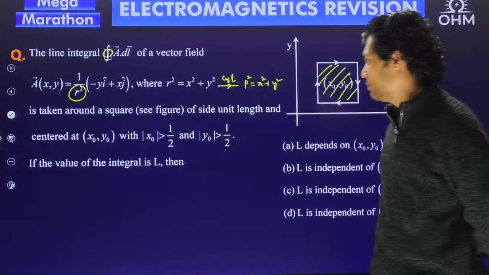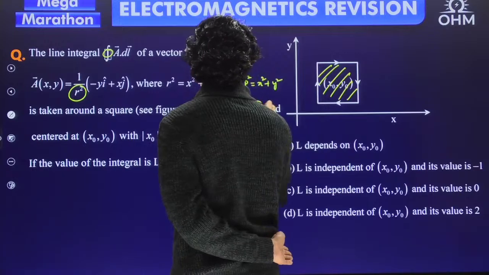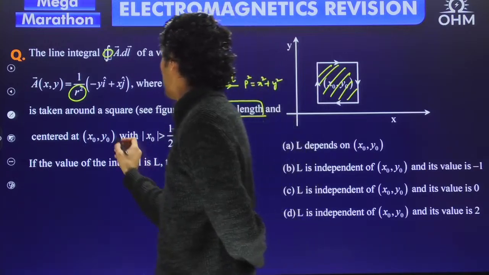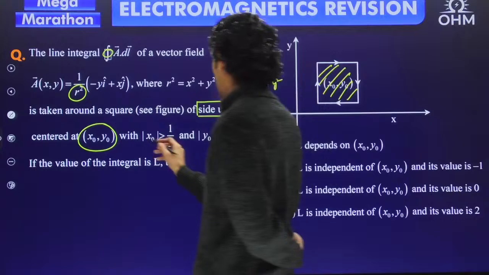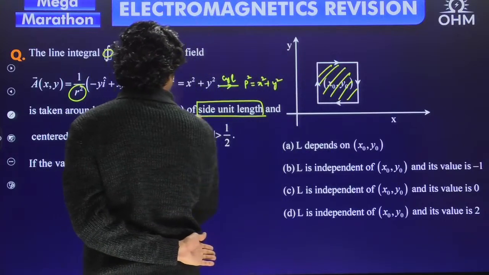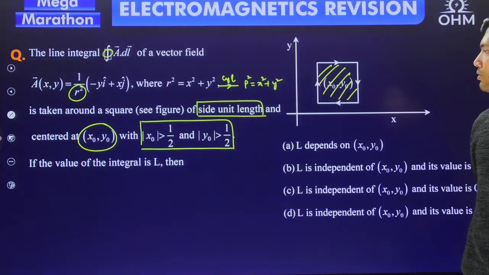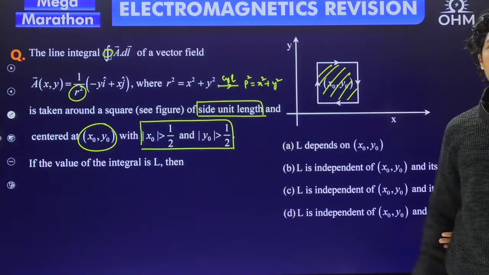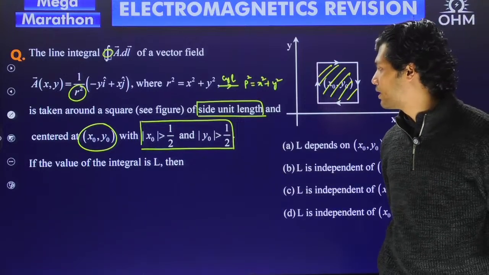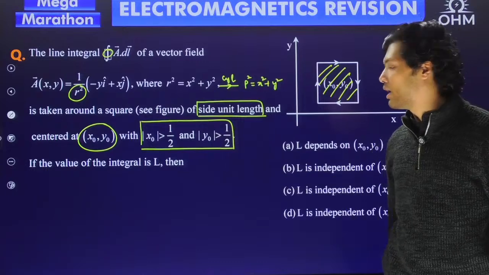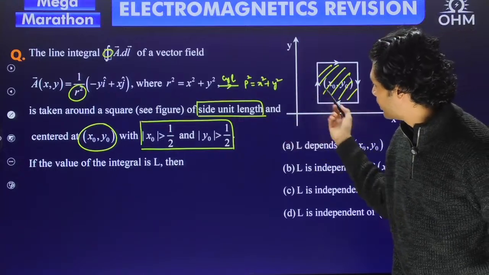Whatever surface has been given to you is nothing but a square. Some extra information is given: the square of side length 1, and center x naught, y naught, in such a way that both the x naught value as well as the y naught value is greater than half. So this data will tell you that you are basically in one single quadrant, either quadrant number 1 or quadrant number 3.